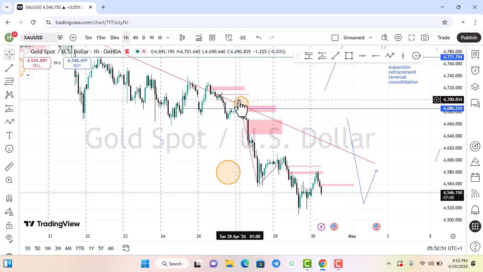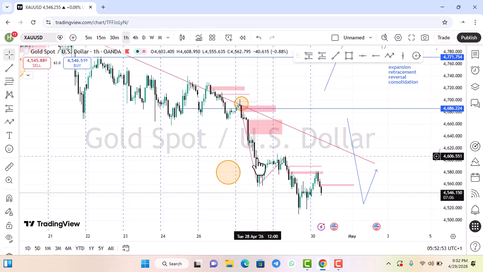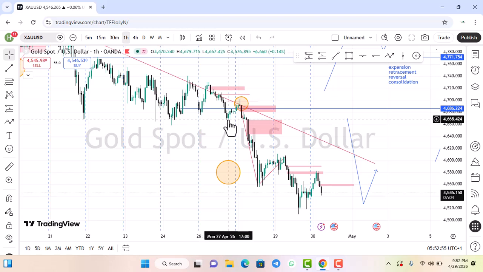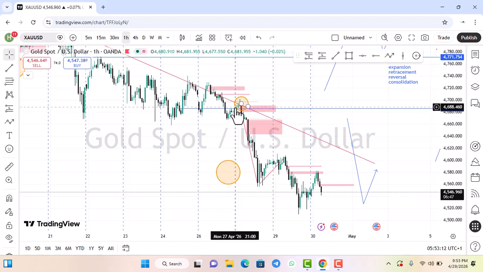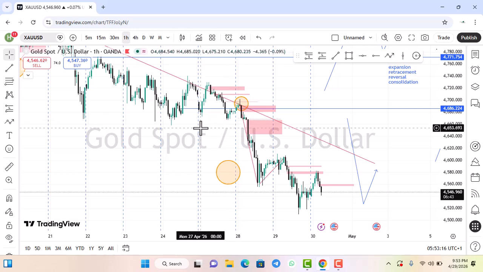But later on, price went down again to break this order block. You understand? So when this order block was broken, it is no longer a valid order block. It has become a failed order block. So then we call it a breaker block. A breaker block is a failed order block.